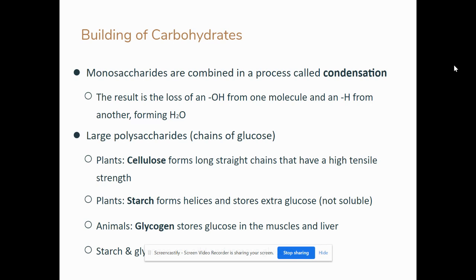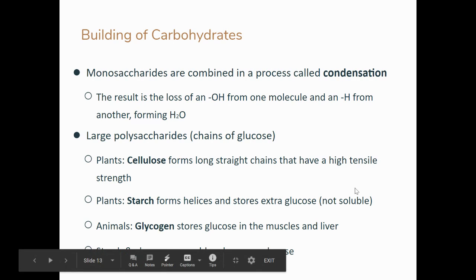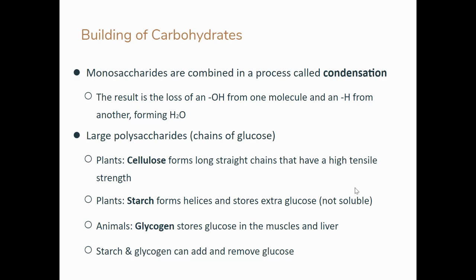Starch is not soluble in water, and humans cannot digest it. And in animals, glycogen stores glucose in the muscles and liver. Starch and glycogen can add and remove glucoses to the chains.